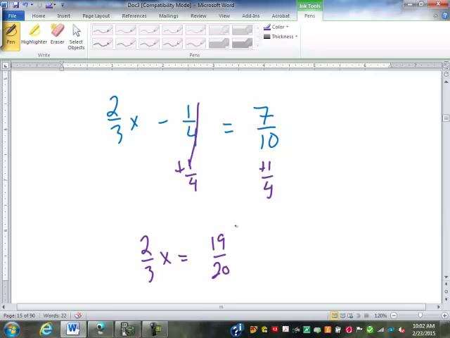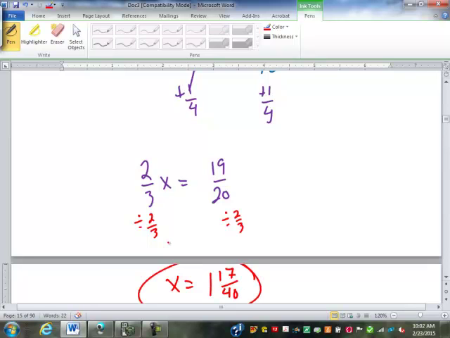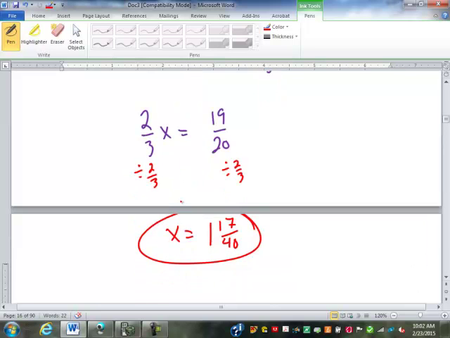And then divide by 2/3. Which is going to give us that x equals 57/40, or 1 17/40. Everybody get that? Any questions, comments?